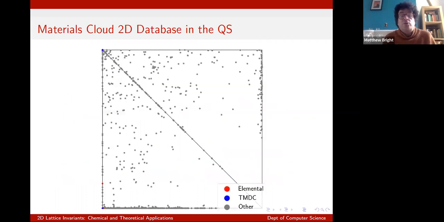So again, just as a quick check, what do all 1,800 or so of these look like in the square? Well, they look like this. The elemental and transition metal ones that you can see here do occupy the borders, the boundaries.